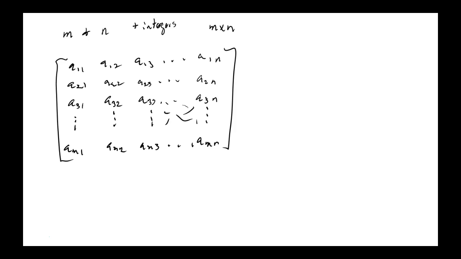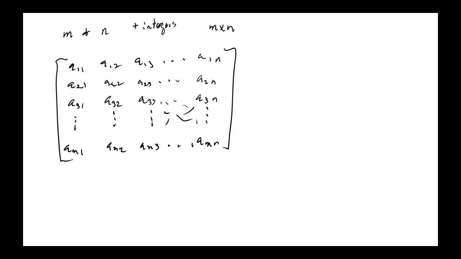The first subscript indicates which row you're on: first row, second row, third row, or nth row. The second subscript indicates which column you're in, all the way across to the nth column. Just like we've seen with the equations, some of these entries may be zero. Remember, they can be any real numbers, and zero is a real number.